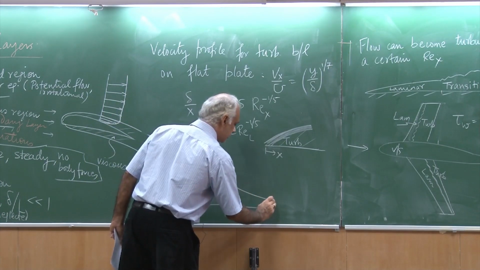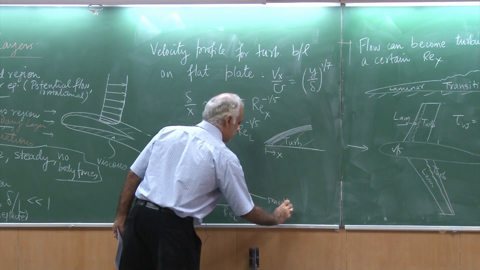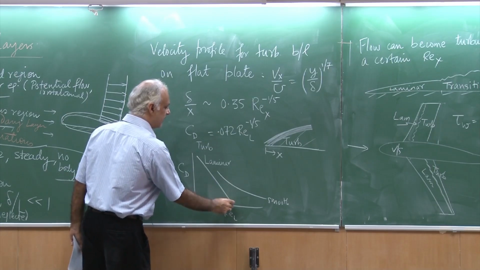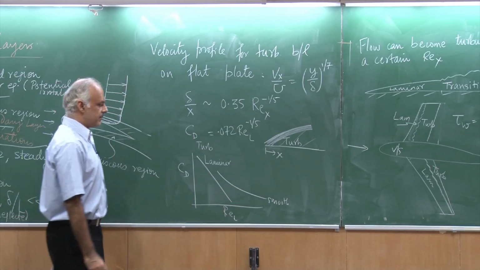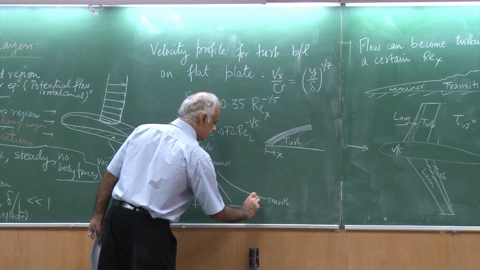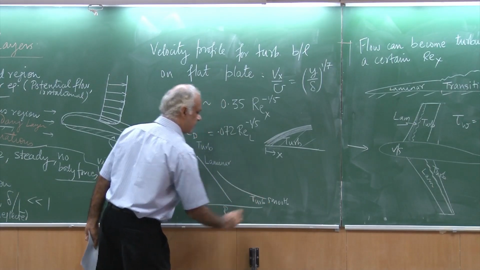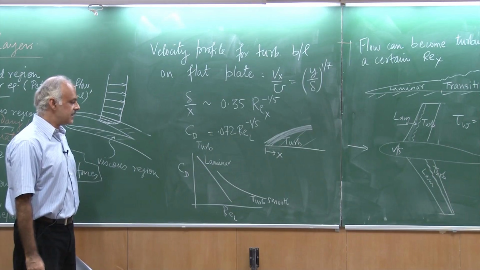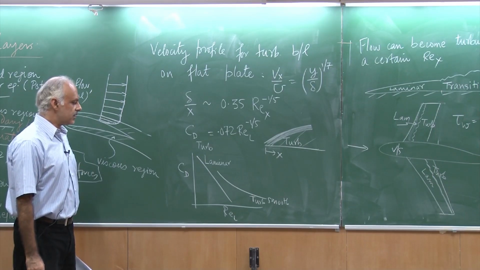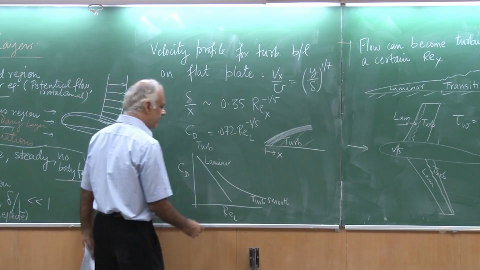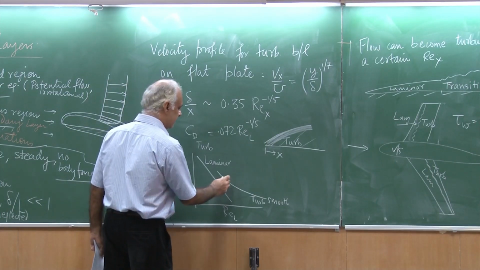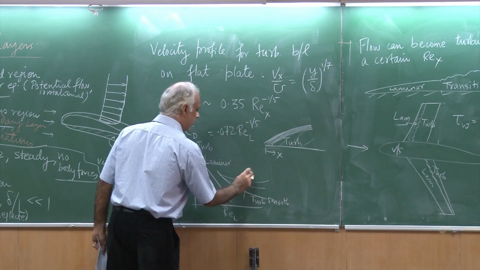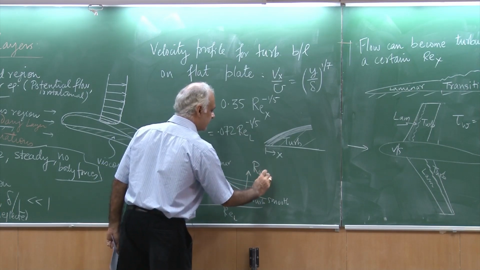This is for smooth. So at a given Reynolds number, my turbulent flow has a much larger skin friction resistance compared to a laminar. And then if I take roughness, then I would get different curves. So this is how I have increasing roughness.